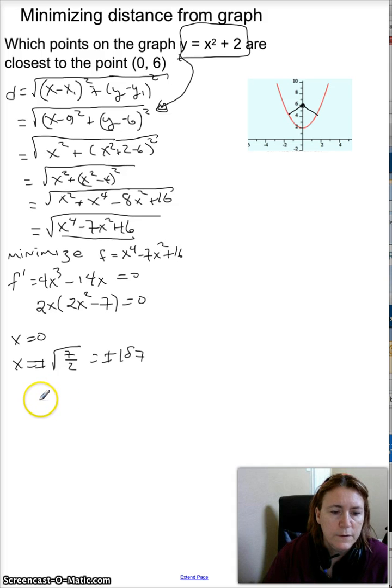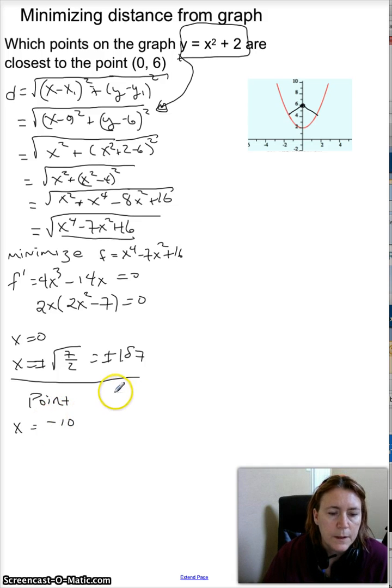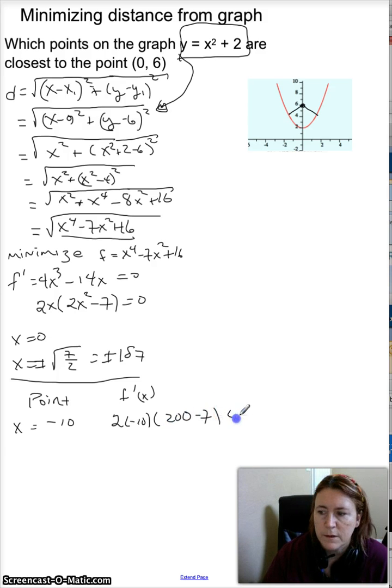For convenience's sake, let's try x equals negative 10. What is the sign of my derivative at negative 10? Well, this is going to be 2 times negative 10 times 200 minus 7, so this is going to be negative.